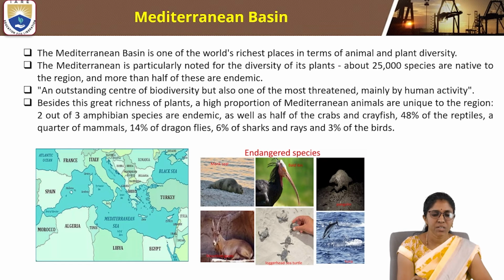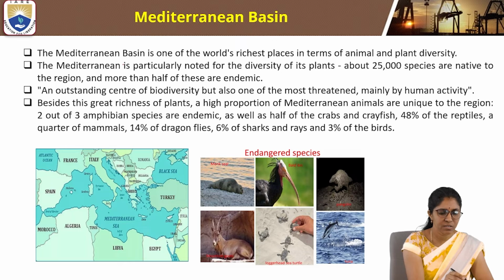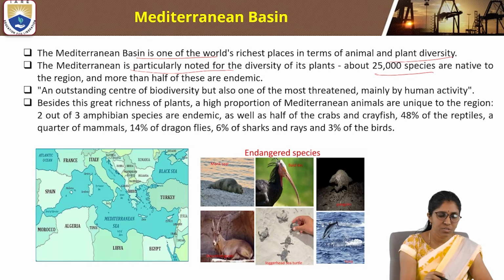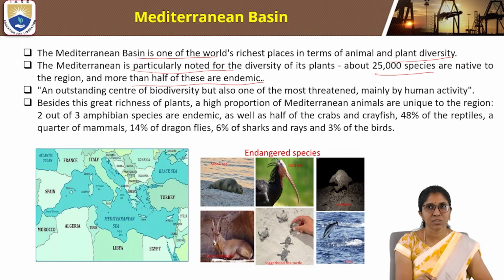Next is the Mediterranean Basin. It is one of the world's richest places in terms of animal and plant diversity. It is particularly noted for the diversity of its plants, about 25,000 species native to the region, and more than half of these are endemic.